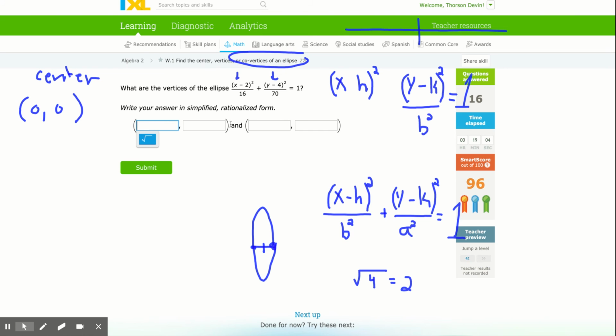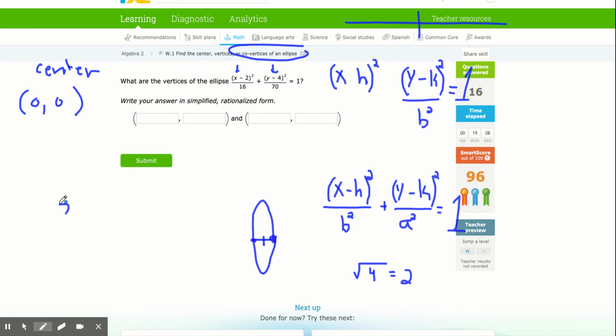What are the vertices? Now we have to be careful because the center is not 0, 0. The center is 2, 4. The vertices are going to be the distance above, let's see, not above and below. This is a larger number, okay? Oh, and they want you to leave it in radical form. So the square root of 70 does not reduce.